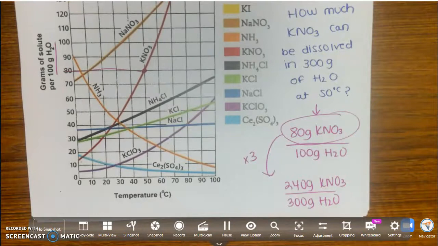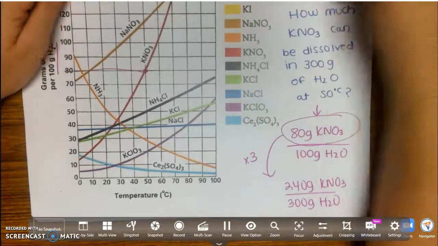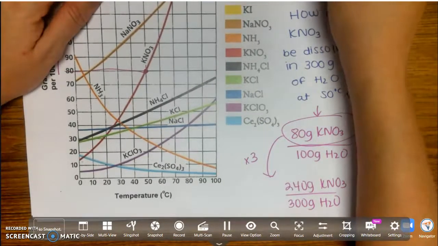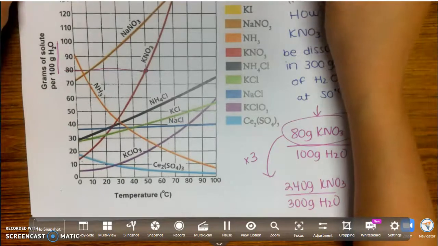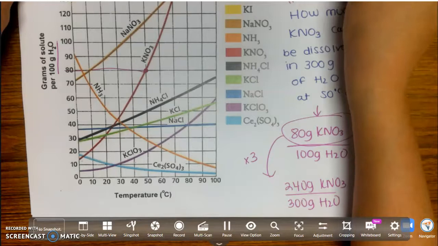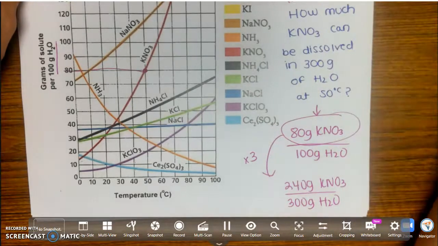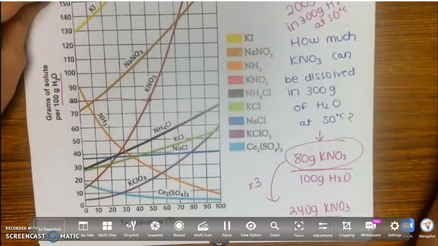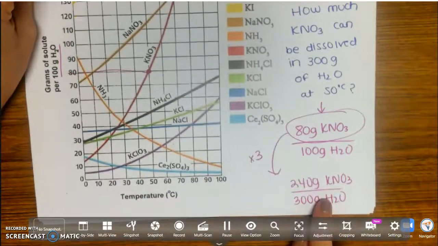And then I could even change the question, and maybe I said at 50 degrees Celsius you have 200 grams of KNO3 dissolved in 300 grams of water. What's the solution? Looking at my problem, okay, a saturated solution was 240.